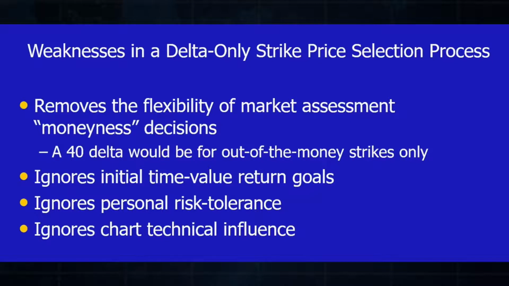It ignores personal risk tolerance. What if you can't sleep at night if your portfolio goes down even just by a little? Well, in the money strikes may be best for you all the time. You know, it varies from investor to investor. If that's the case, the 40 delta is not high enough. It's got to go way higher than that.